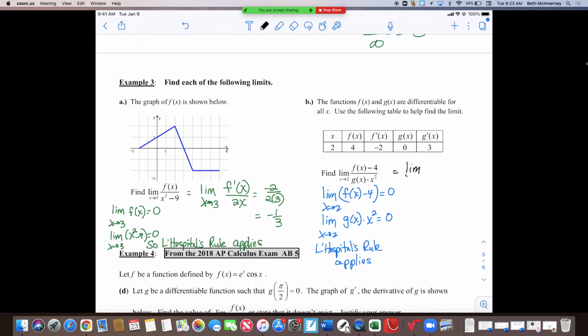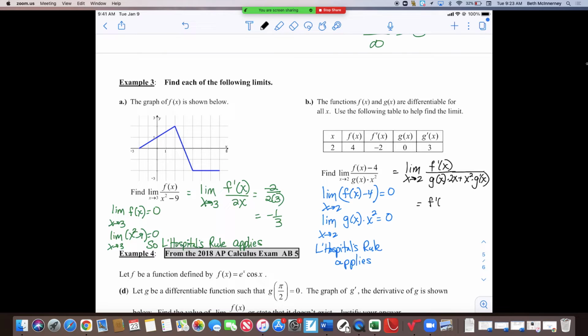So this is equivalent to f prime of x. Then you've got to do your product rule. So this is going to go first times the derivative of the second plus the second times the derivative of the first. So I'm going to plug in.